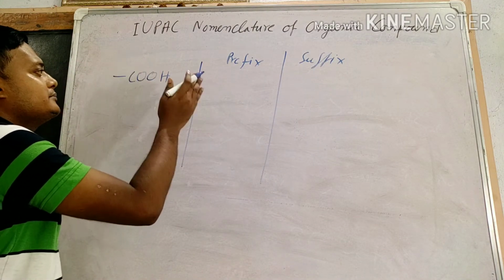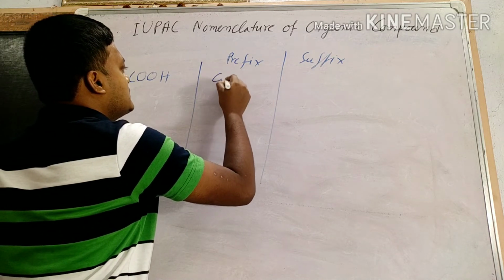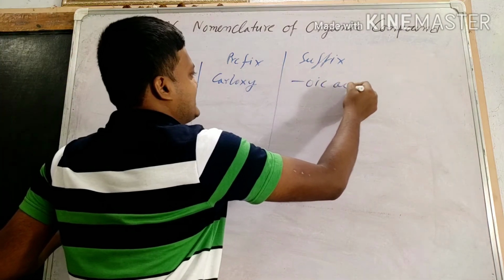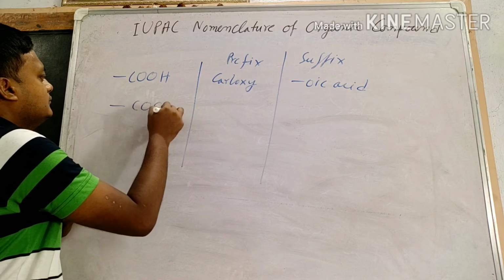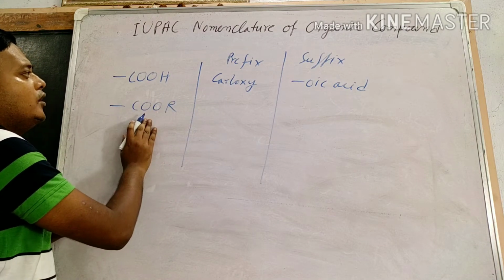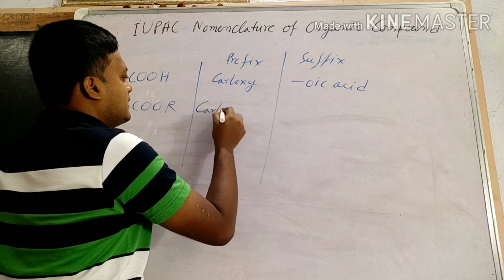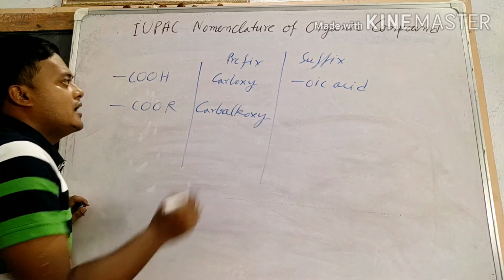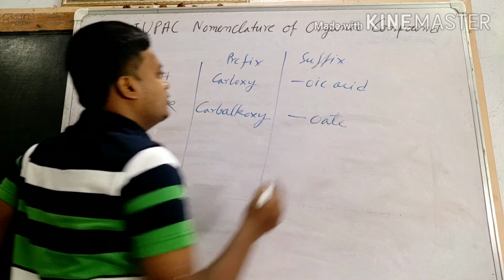When the carboxylic acid group acts as a prefix, it is carboxy; as a suffix, oic acid. Ester group as a prefix is carbalkoxy, and as a suffix, oate.